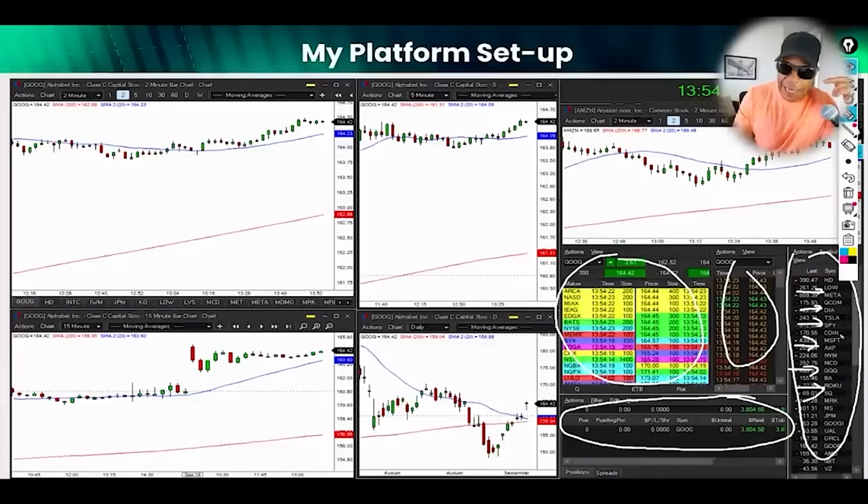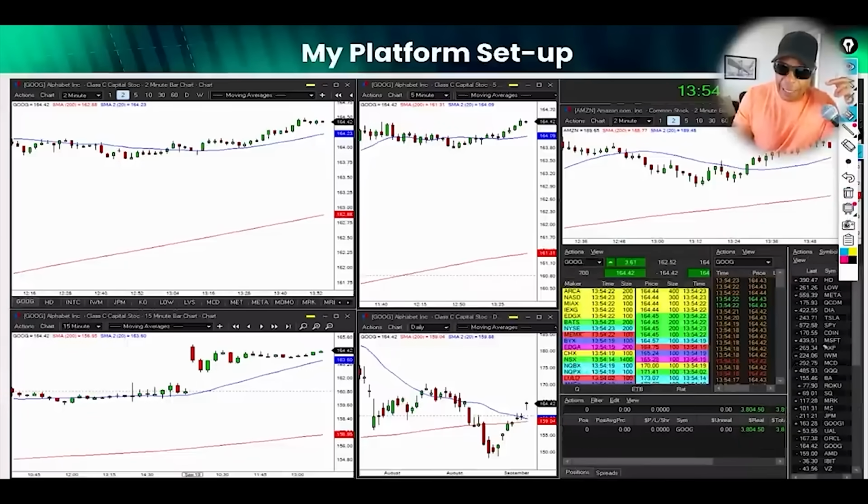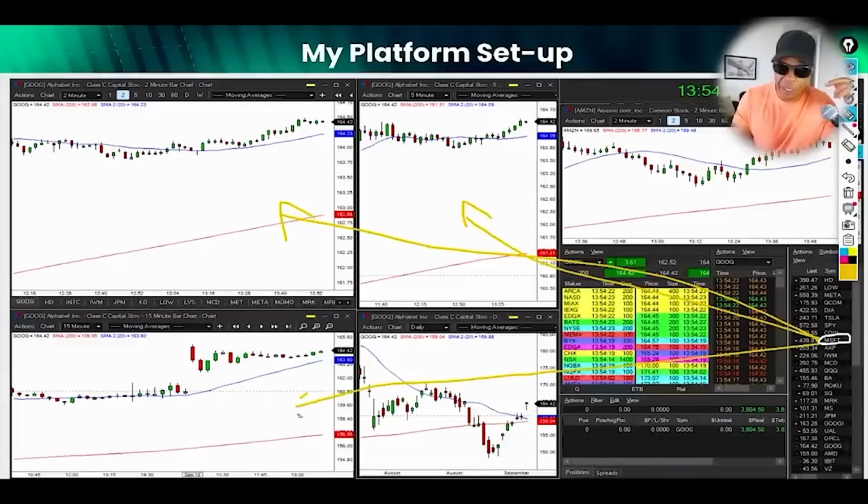Okay, if I click any one of these, let's say, for instance, guys, I click Microsoft in my watch list, all 4 of these change to Microsoft, because they're linked. So everything is linked.